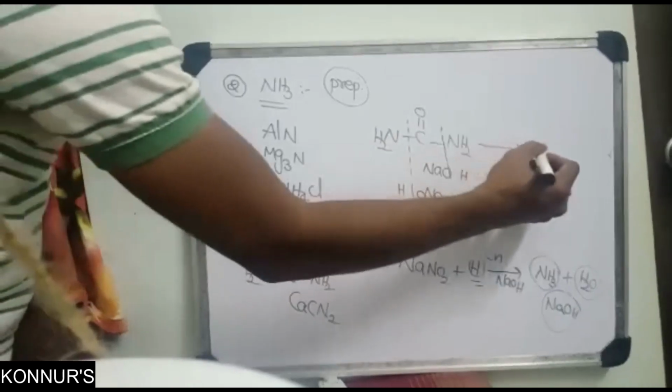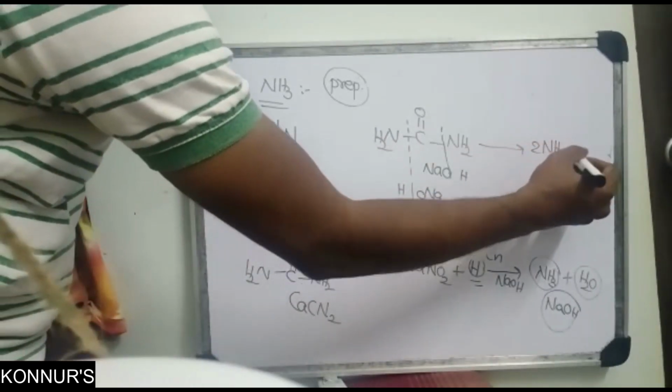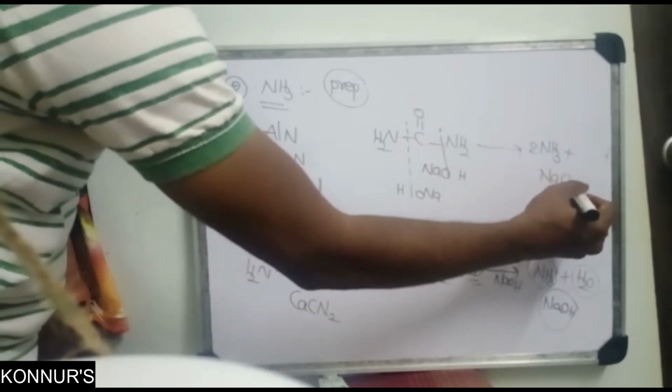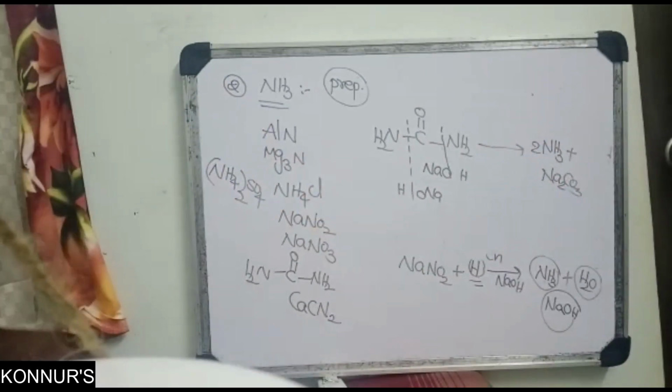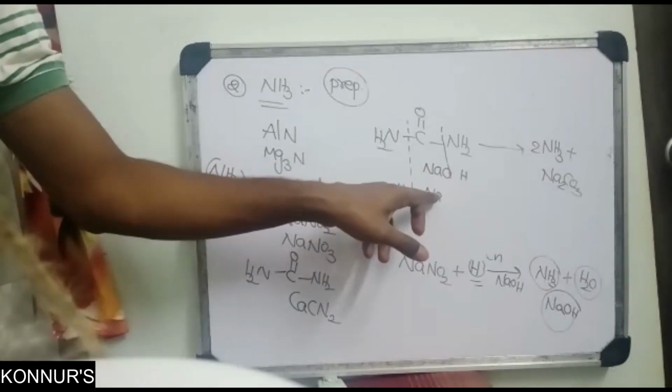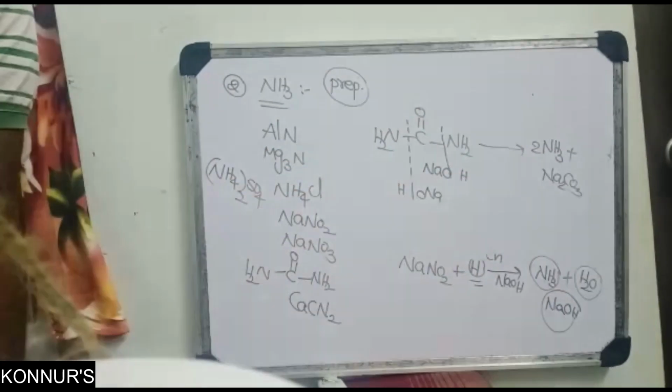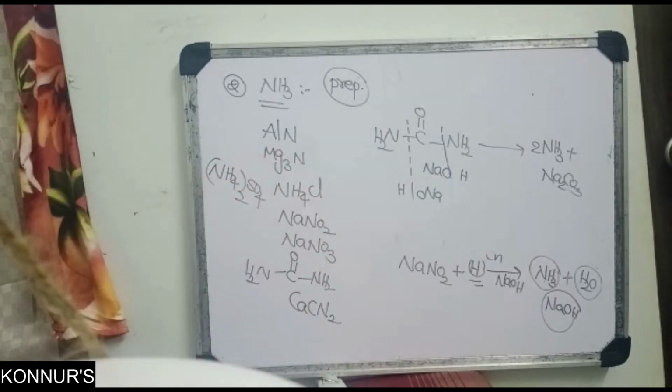So what happens? 2 moles of ammonia plus Na2CO3. Otherwise, you can add water. So you can get it directly.